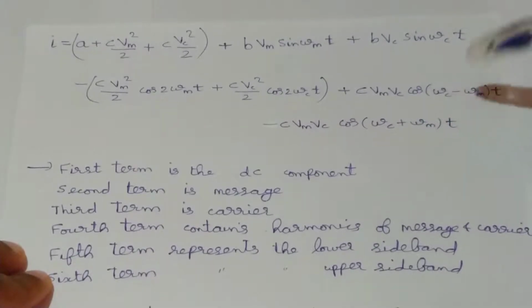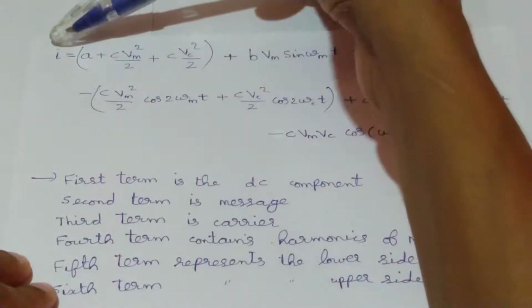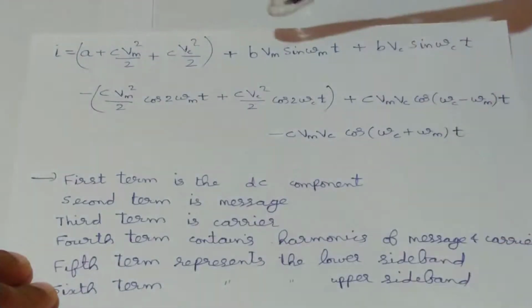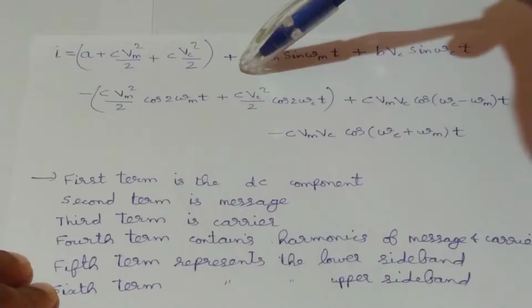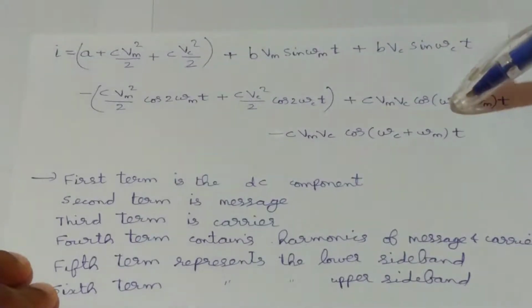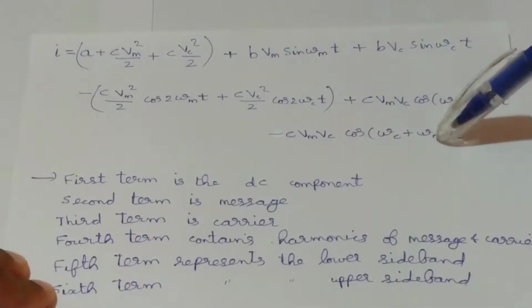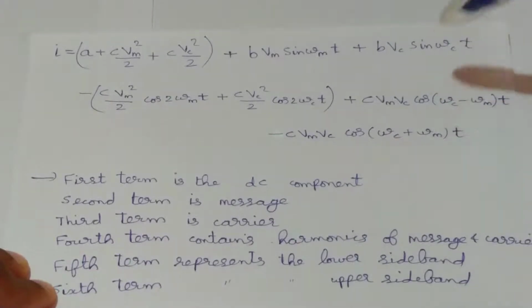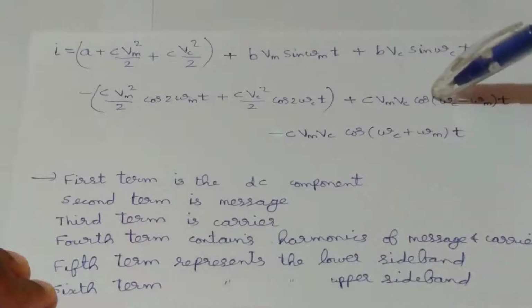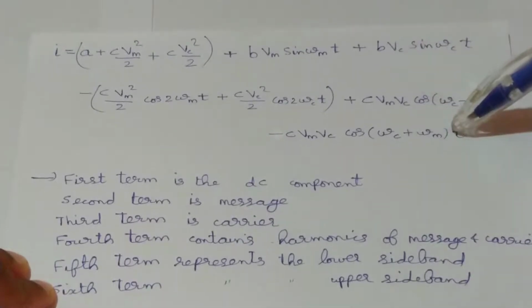So when we consider this current, it consists of a DC component, a message component, a carrier component, harmonics of message and carrier, our lower sideband and our upper sideband. Then we know our AM signal consists of only three components: the carrier component, lower sideband component and upper sideband component.